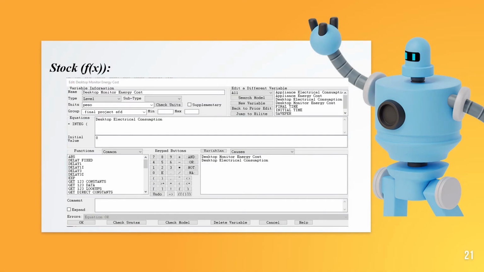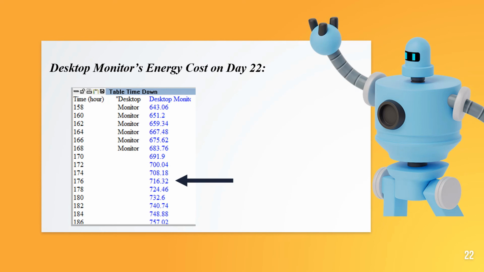For the stock, the unit will be peso, and then the initial value will be 0, since we will be starting from 0 value, or 0 time, or 0 amount. And now we can get the desktop monitor's energy cost on day 22.